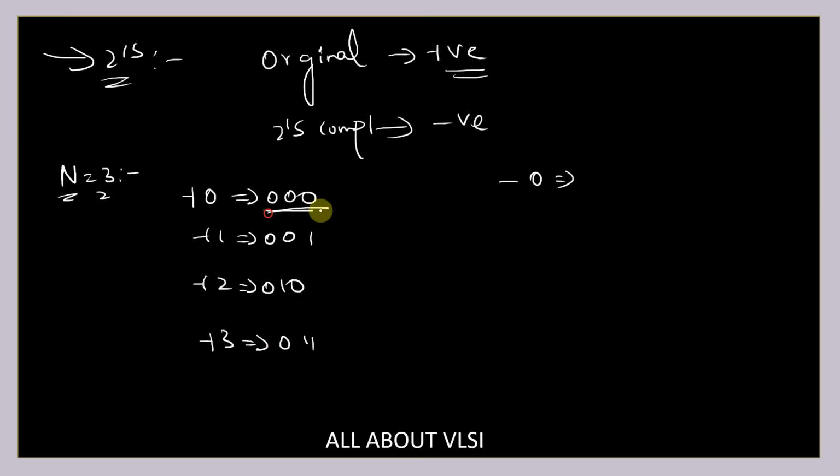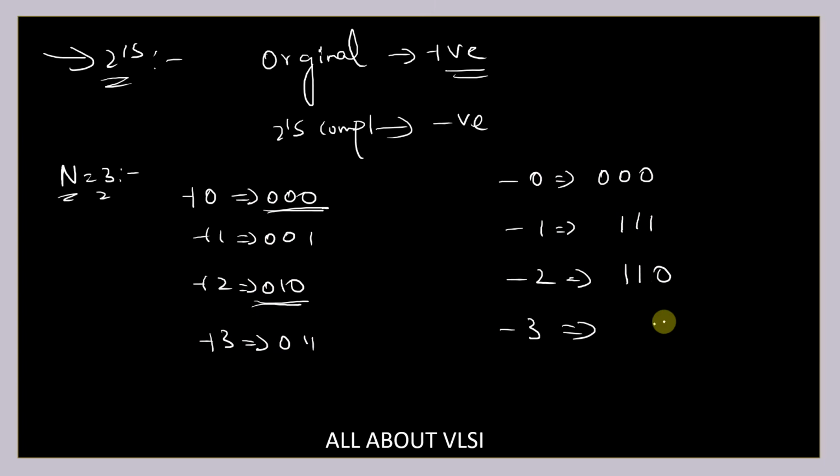And -0: if you perform 2's complement on this, there is no 1, right? So it will be 0 only. And -1 is 1 1 1. I'm representing this in 2's complement format. And -2 is the 2's complement of this, which is nothing but 1 1 0, and -3 is 1 0 1.